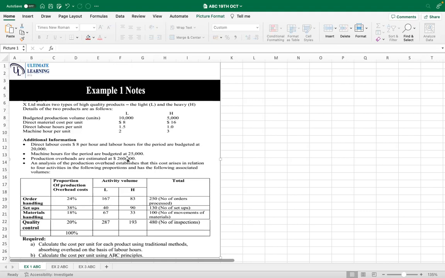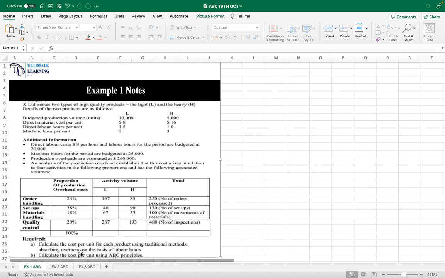So the overhead costs are 260,000. An analysis of the production overhead establishes that these costs arise in relation to 4 activities in the following proportions and have the following associated volumes: order handling, setup, material handling, and quality control. These are basically the cost pools and cost drivers.